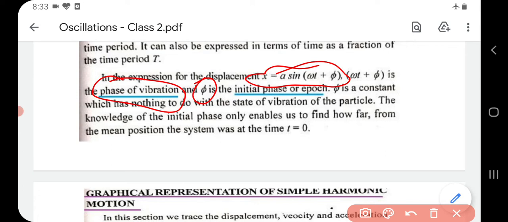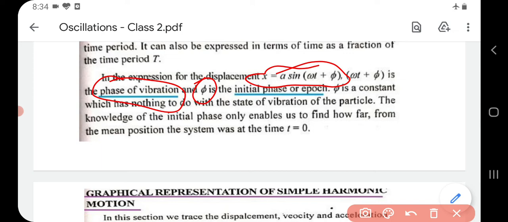But the information on phase helps us to find out how far the system was from the equilibrium position at time t equal to 0.